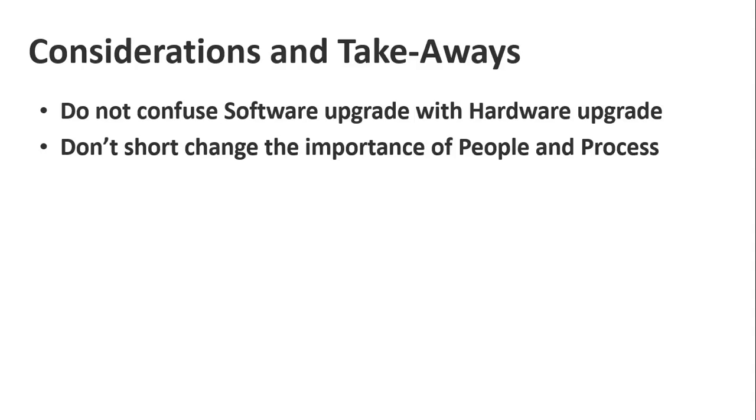What I'm saying is relatively obvious, but it's surprising that once folks figure out that, oh, you know what, I'm going to put in a better and a faster piece of hardware in order to address my performance issue, and they try and put that in place, they don't take into consideration the governance that needs to go around not only putting that in place, but also doing it in such a way that minimizes the impact to the end user community.